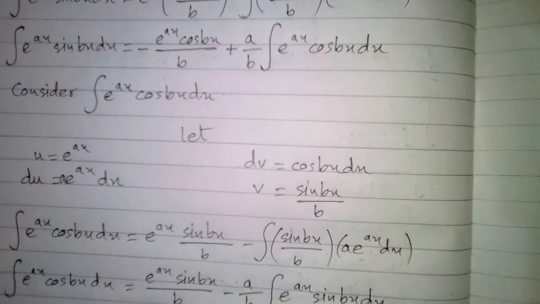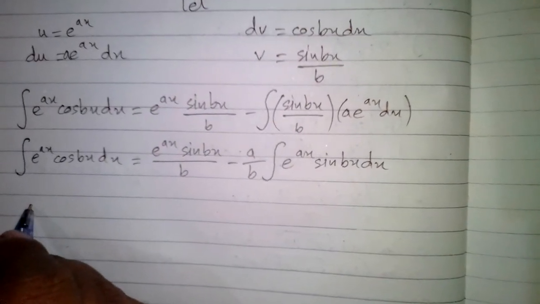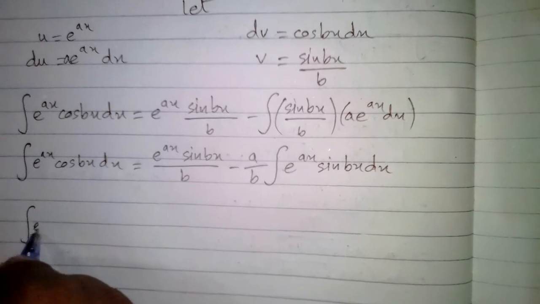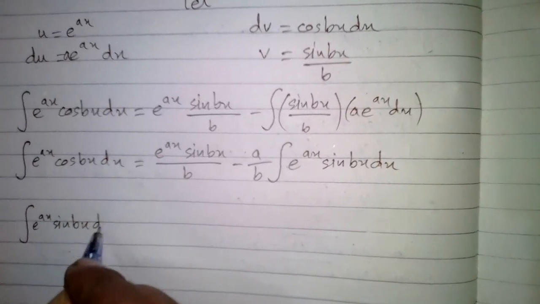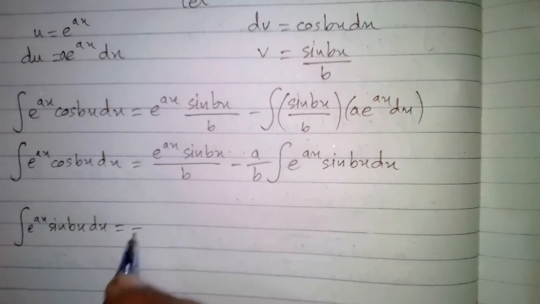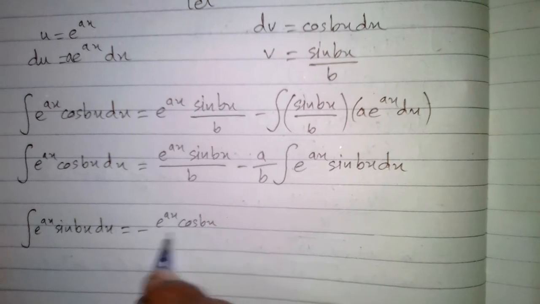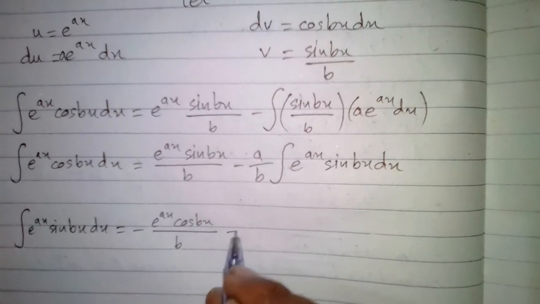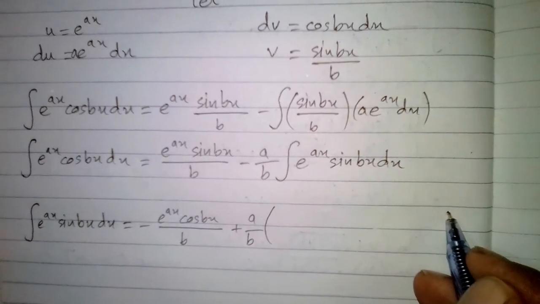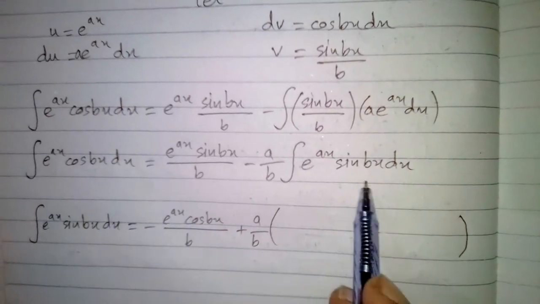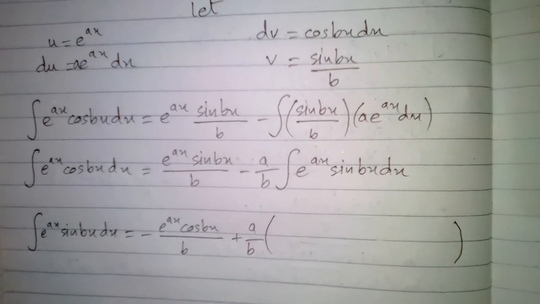Now we will put the value of this integral in the above integral over here. So we have integral of e to the power ax sine bx dx is equal to minus e to the power ax cos bx upon b plus a upon b, and we will put the value of this integral in place of integral of e to the power ax cos bx dx.